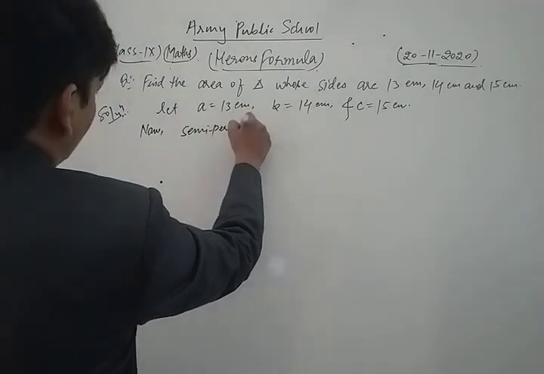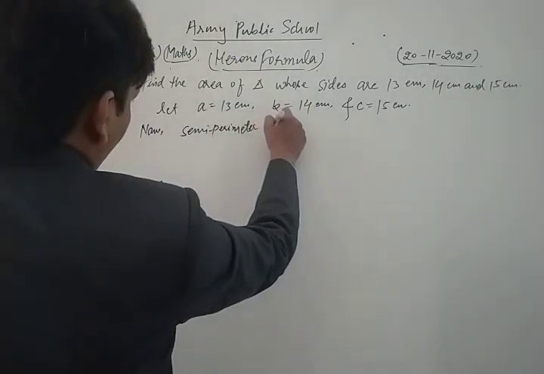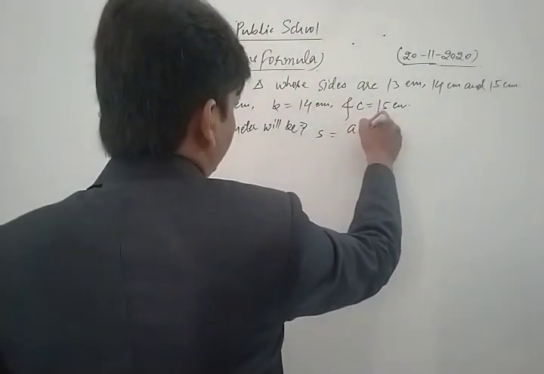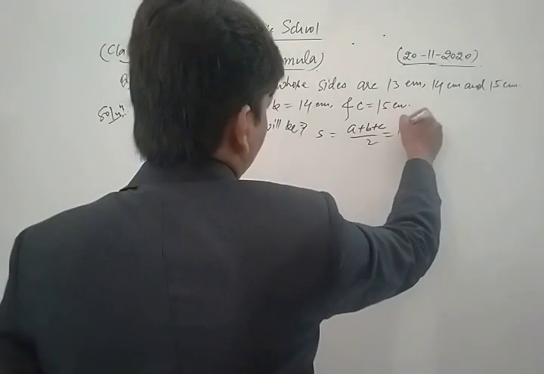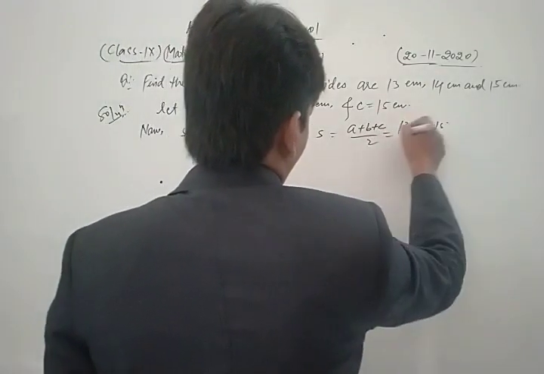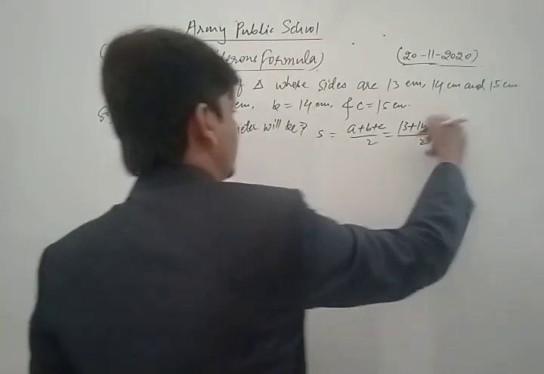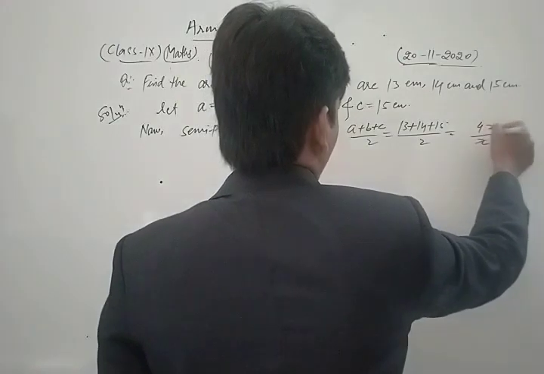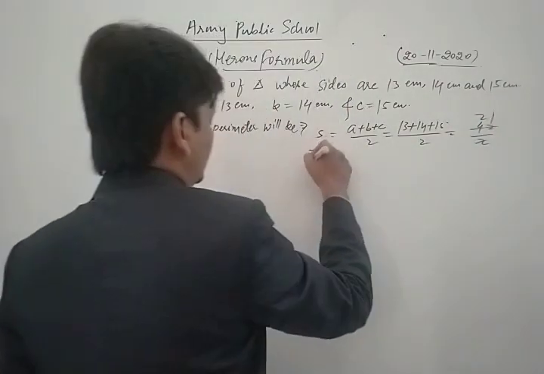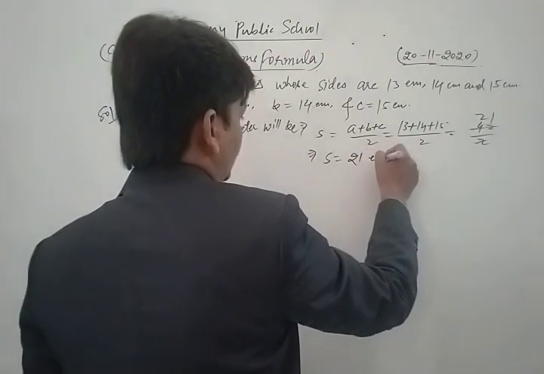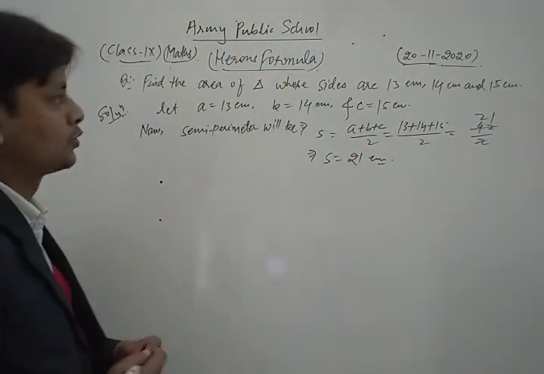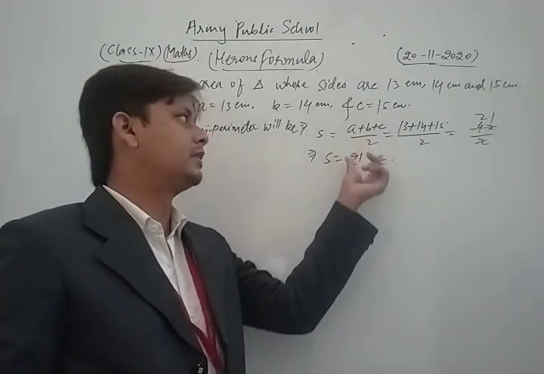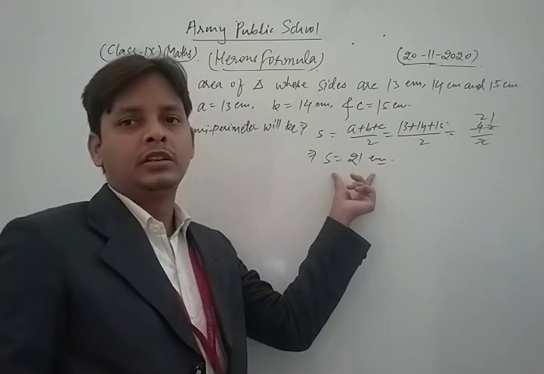The value of S will be A plus B plus C by 2, means 13 plus 14 plus 15 by 2. So we get 42 upon 2, that is 21. So the value of S is 21 centimeter. Thus, first of all, by the formula A plus B plus C by 2, we find the semi-perimeter of the triangle.